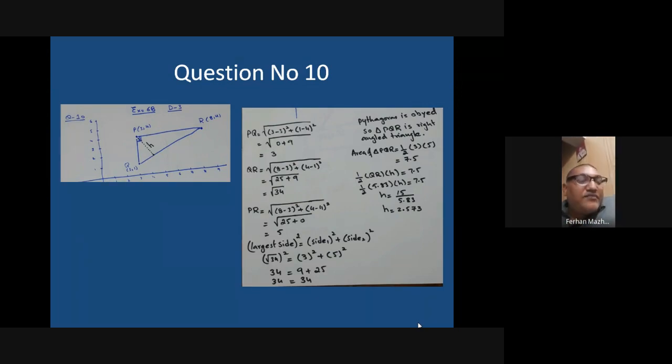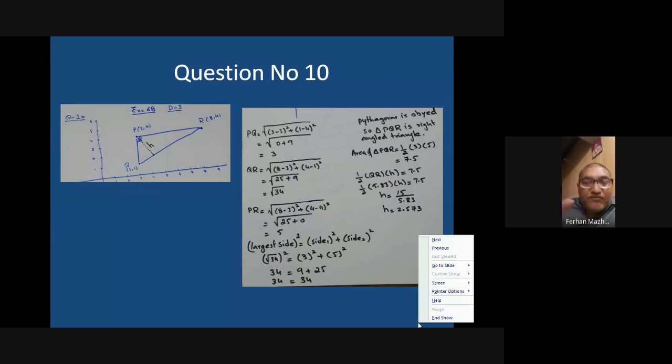So when we draw that grid, you see what happens. The first thing I have to do is prove that this is a right angle triangle. And the procedure for how you prove that a triangle is a right angle triangle, we learned this.